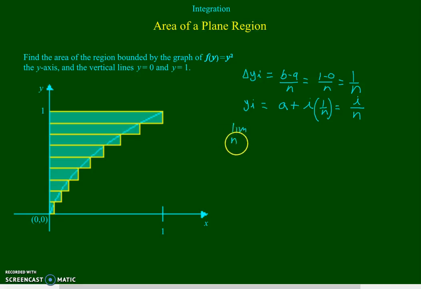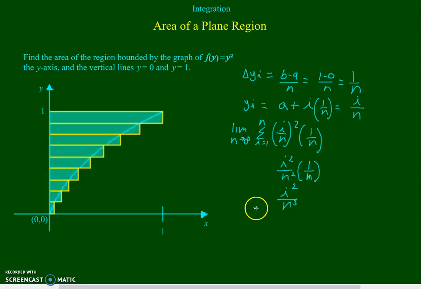The limit as n approaches infinity of the sum i equals 1 to n of y squared, so it's this value squared, (i over n) squared, times delta y, 1 over n. And so now, just as we've done in the past, we combine our terms. So we have i squared over n squared times 1 over n, which gives us i squared over n to the third.